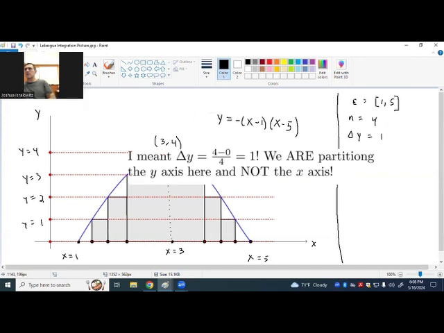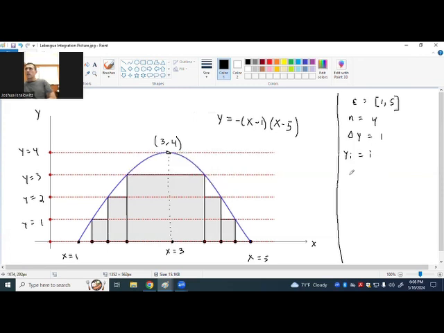So y_i is just i times delta y, which is i, for i equals 1 to 4.